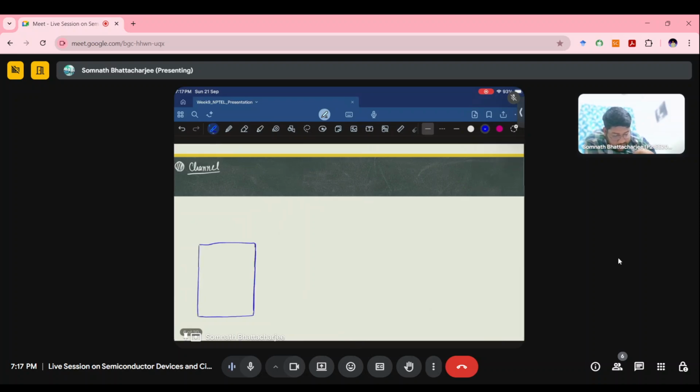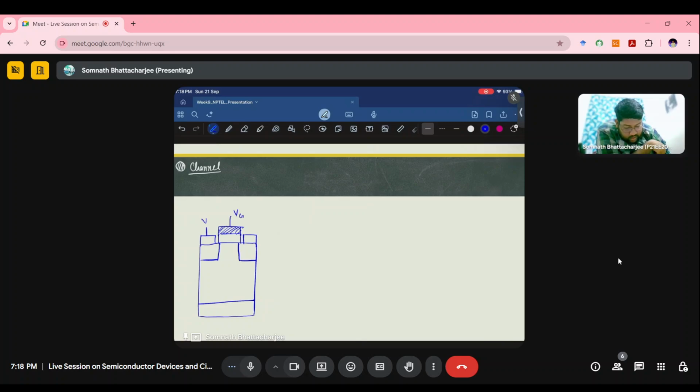If the structure is like this, let's say we have a gate here, and we have these structures. These are our contacts. This is the oxide layer and this is the gate layer. We are applying Vg here. This is Vs, this is Vd, and this is Vb.